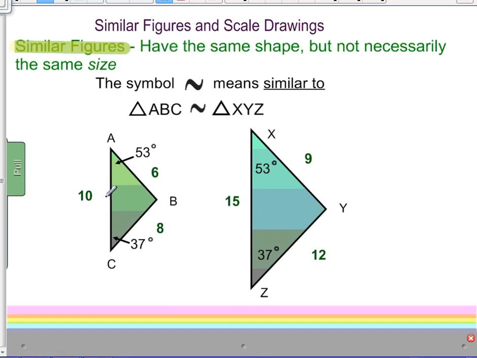So for example, to test that, we could do 10 over 15. So I'm matching up AC, which is the side that corresponds to XZ. So 10 over 15 equals, let's do 6 over 9.